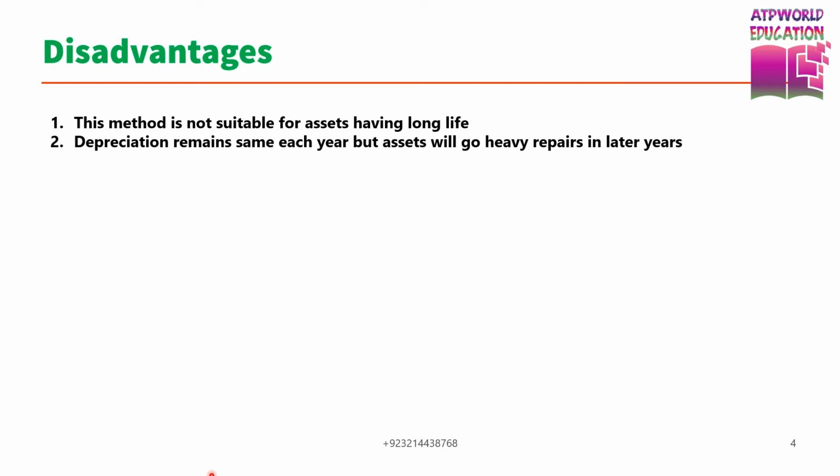But in later years of the asset's life, major repairs occur due to excessive usage, and the value of assets falls by major amounts. But SLM will not consider this situation. SLM charges the same depreciation each year.